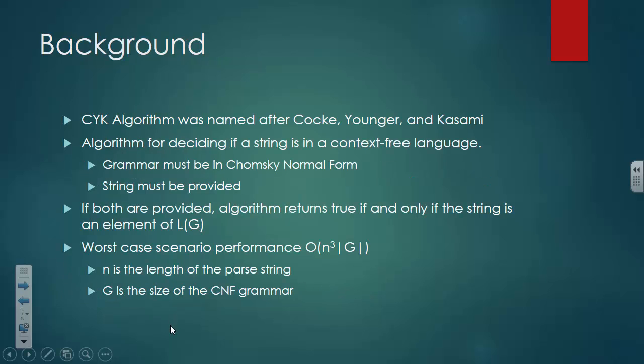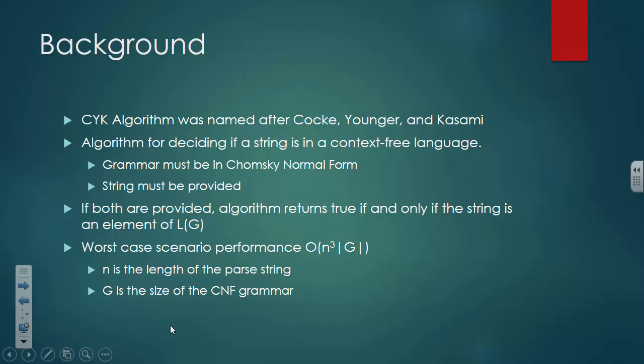So, some background. The CYK algorithm was named after Cocke, Younger, and Kasami. It is an algorithm for deciding if a string is in a context-free language. The grammar must be in Chomsky normal form, and the string must be provided. If both are provided, the algorithm will return true if and only if the string is an element of the language.